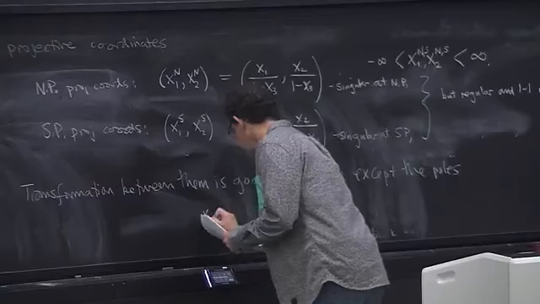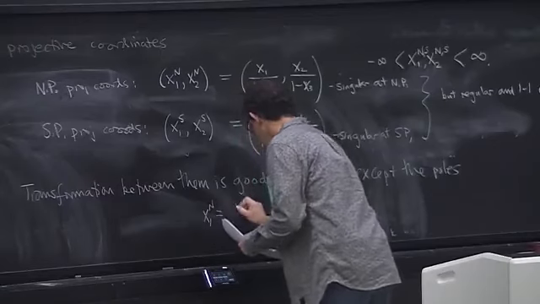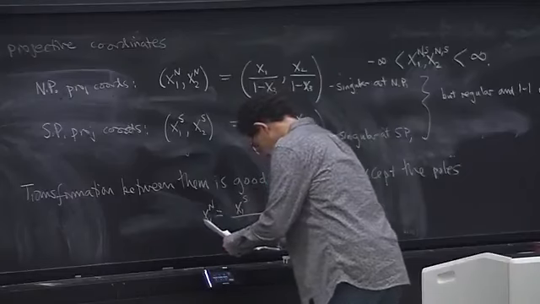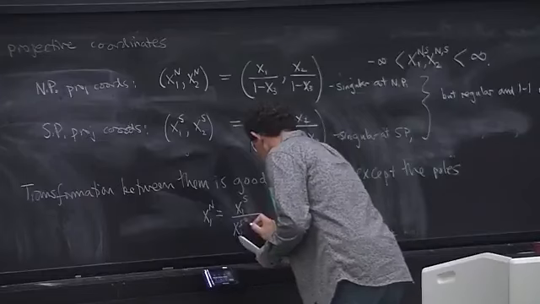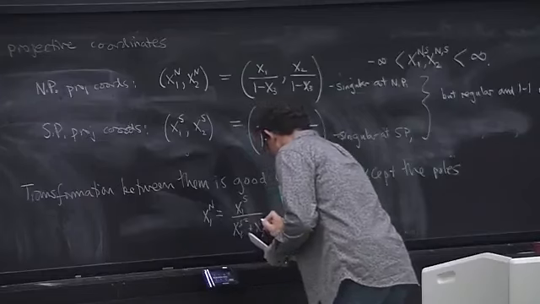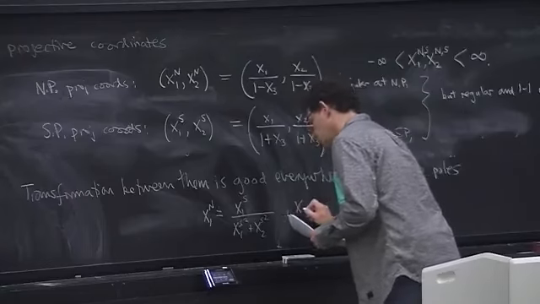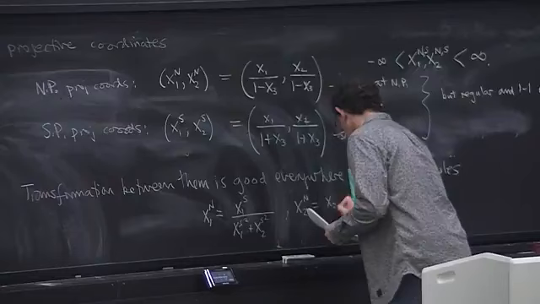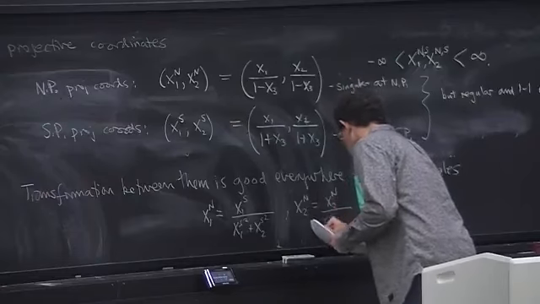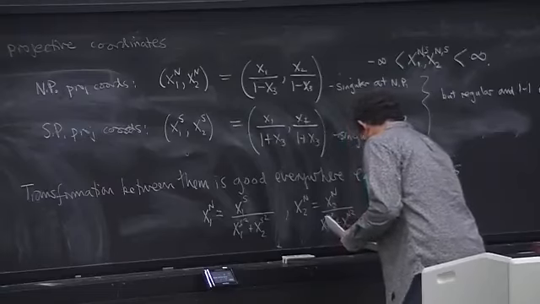For example, you can see that x1n is x1s over x1s squared plus x2s squared, and x2n is equal to x2n over x1n squared plus x2n squared.